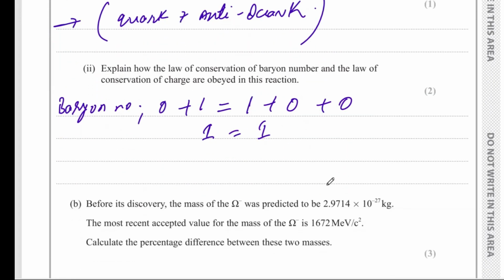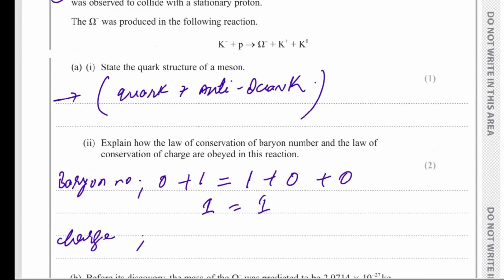Now, the next thing, you've got the charge, right? And we need to talk about whether the charge remains conserved or not. So if you talk about the charges over here, you can see that the kaon got a negative charge, and as far as the proton is concerned, it got a positive charge. So it would be something like negative e plus e equals omega minus got a negative charge.